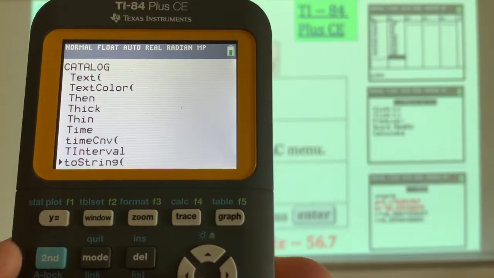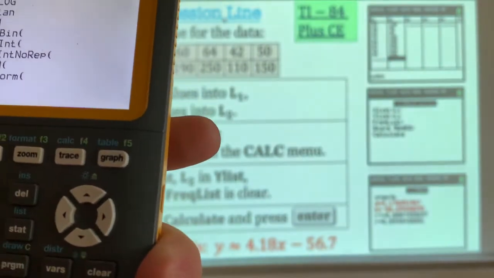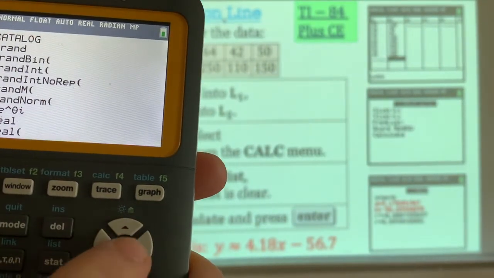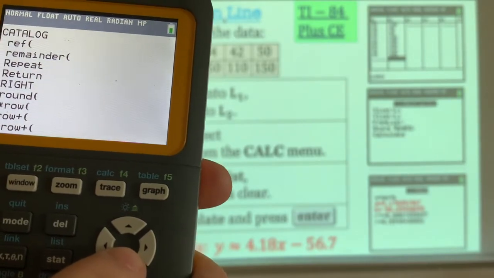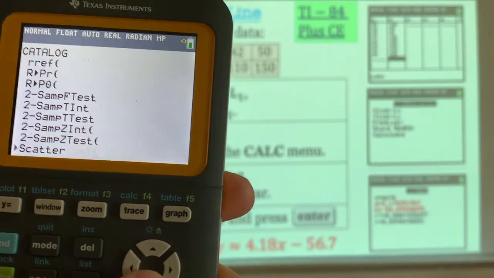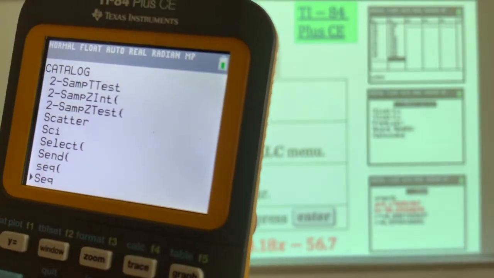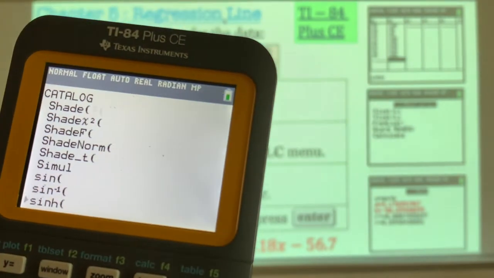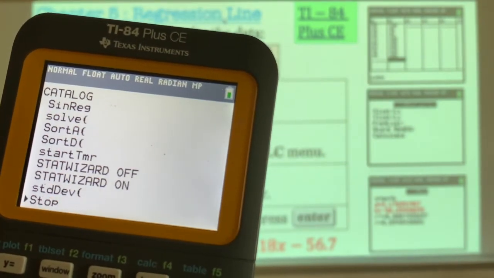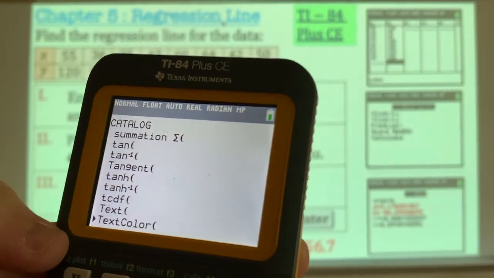I don't want that, I want regression, so I go alpha R. Then I can go down here. Nope, alpha regression's not there. It's somewhere, Lin Reg, no, coefficient. Well, anyway, it's in there somewhere, and then you turn it on.